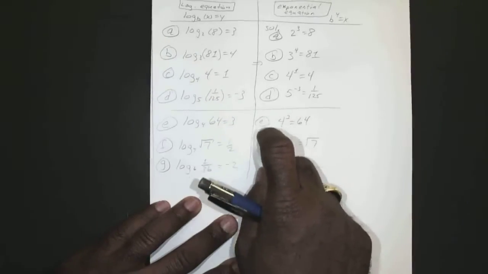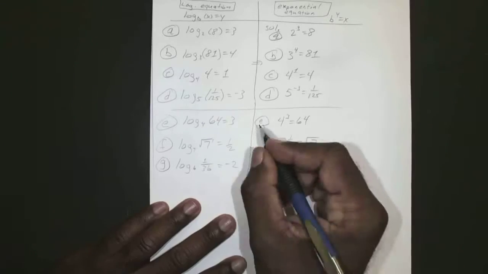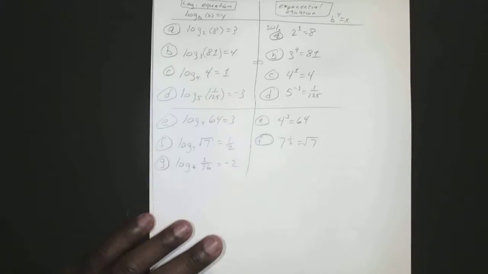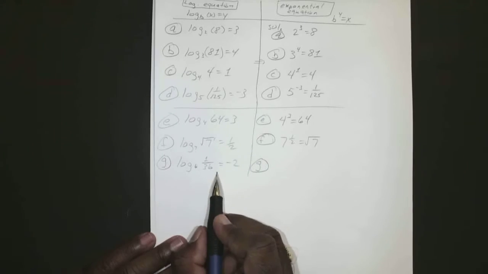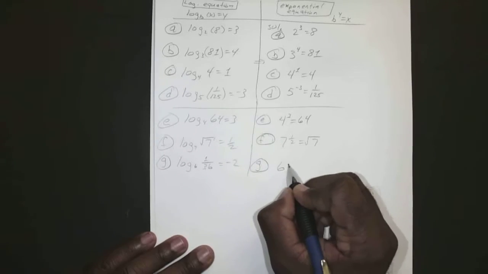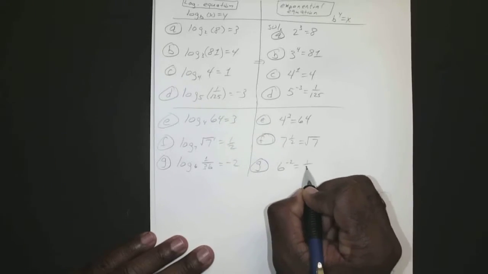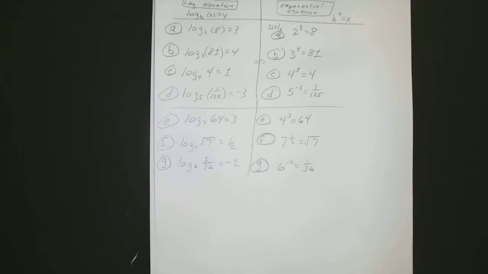And for G, 6 to the power of negative 2 equals 1 over 36, which are all true. Those are the definition of your log functions. Now we're just going to convert from one to the other, from exponential to logarithmic, which is really the same thing.